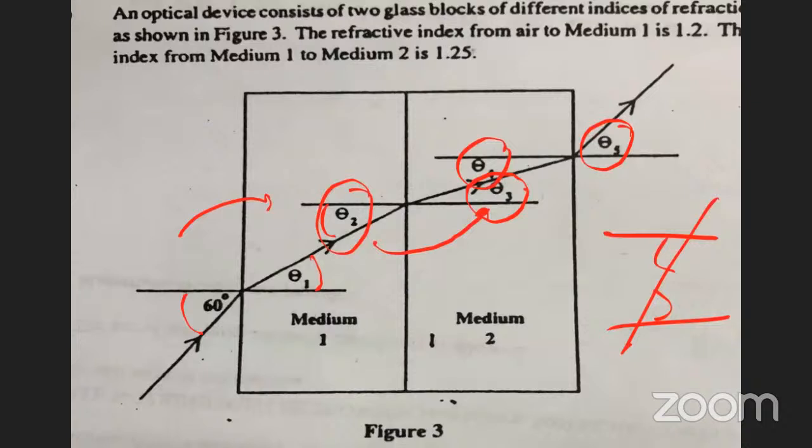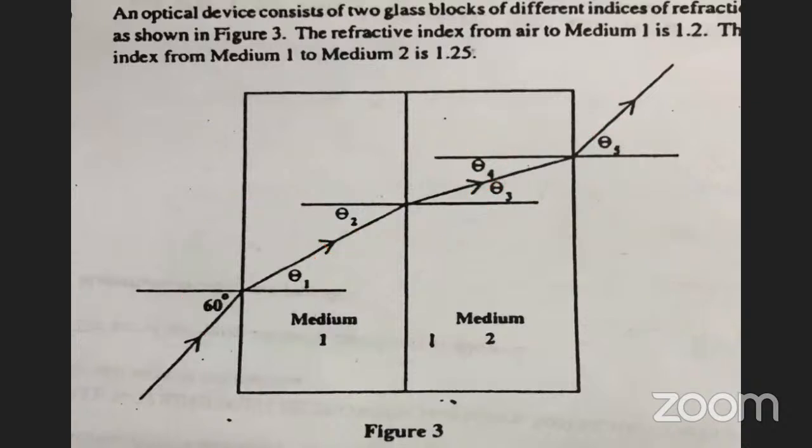All right, so that might be the hardest, right? What they gave us was the refractive index from air to medium 1. So that's right here. So it means that we can use n is equal to what? What's the formula, Ravi? n is equal to sine i over sine r.